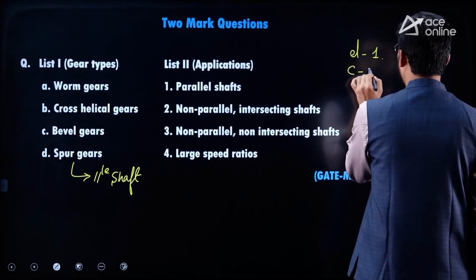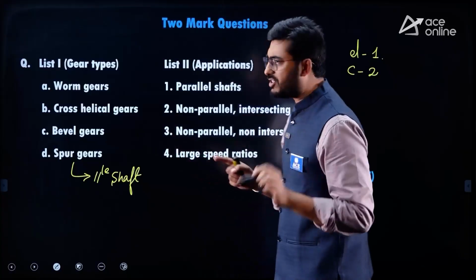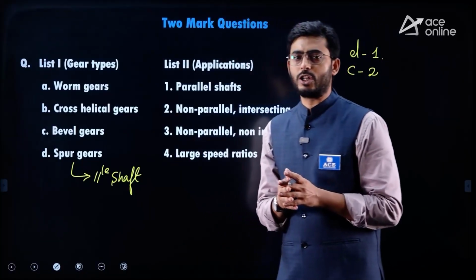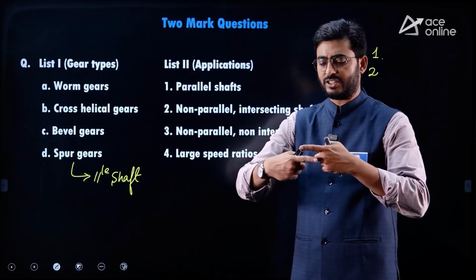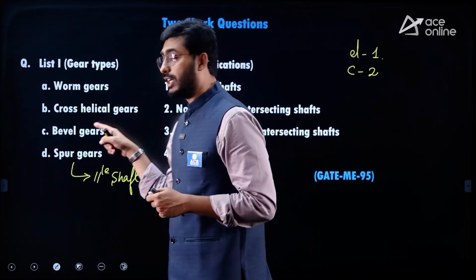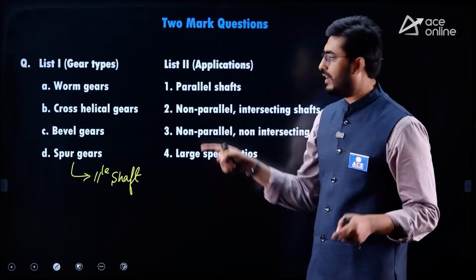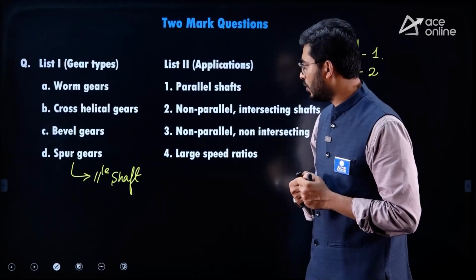That is C2 it would be. Same way, crossed helical gears are used when we have got non-parallel and non-intersecting shaft axis. Like this, the shaft axis orientation would be. So if we are saying helical gears, then the application of helical gears is once again for the parallel shafts.